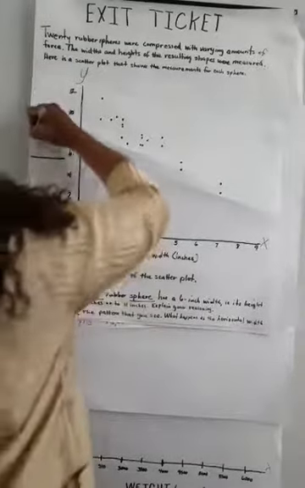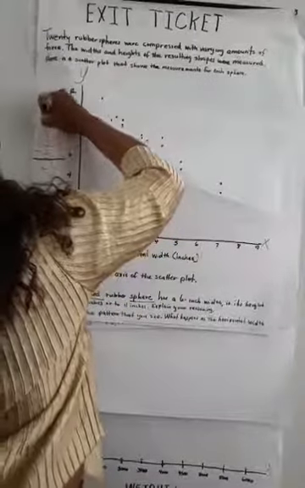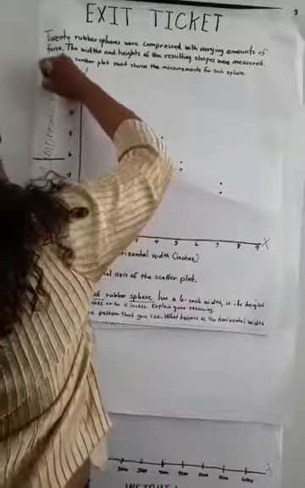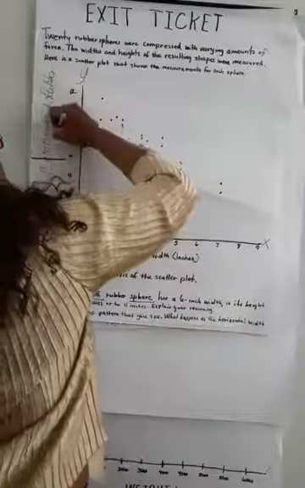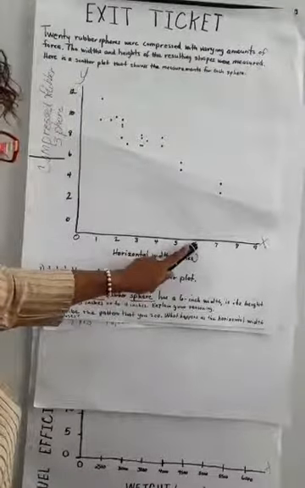Compressed rubber spheres. We could label this as compressed rubber sphere. So, okay, if a compressed rubber sphere has a 6-inch width, meaning that it was 6 inches wide, would its height be closer to 5 inches or to 11 inches? Explain your reasoning.